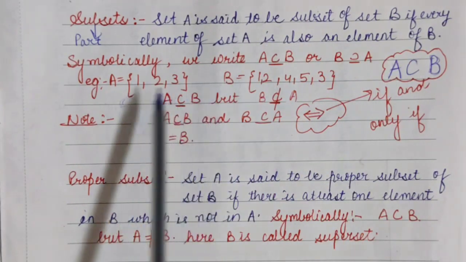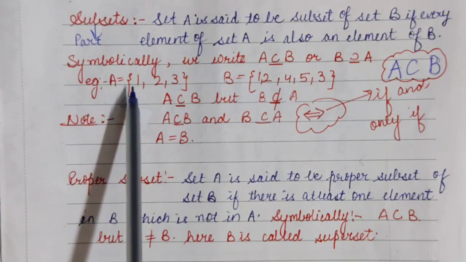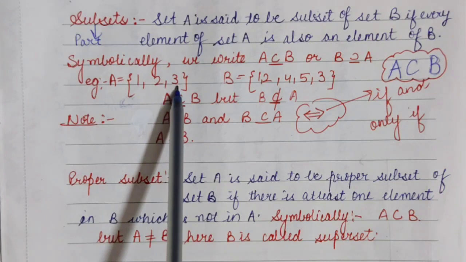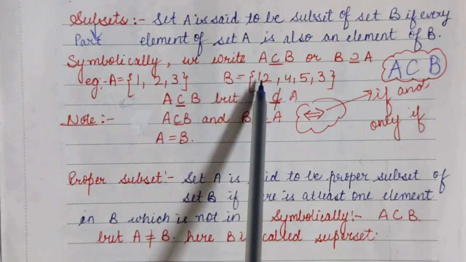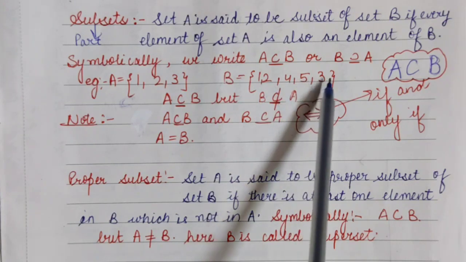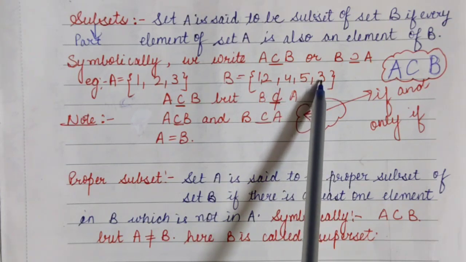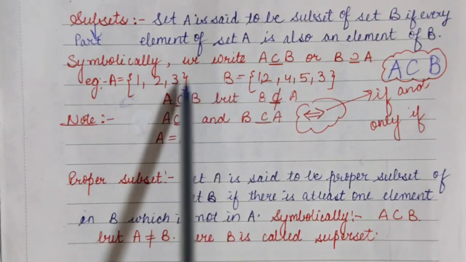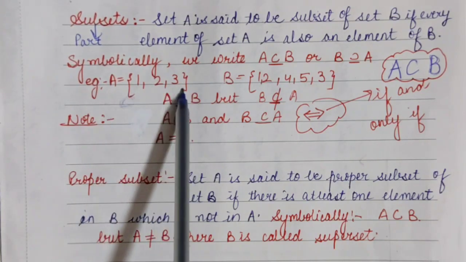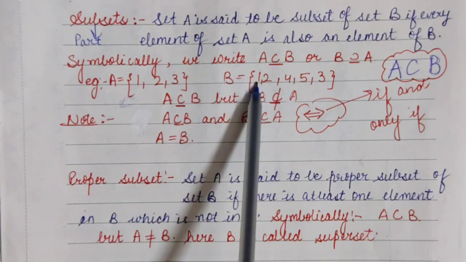Like see here, suppose set A is there. Here three elements are there: 1, 2, 3. And set B is there where 1, 2, 4, 5, 3, five elements are there. But I am observing here that every element of set A is contained by set B.